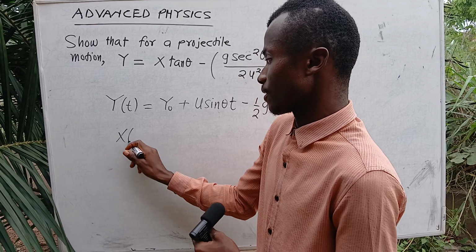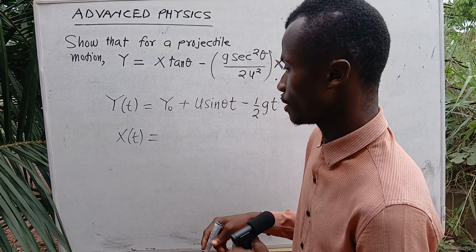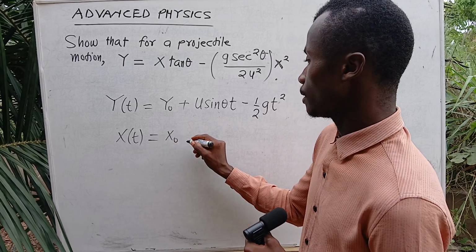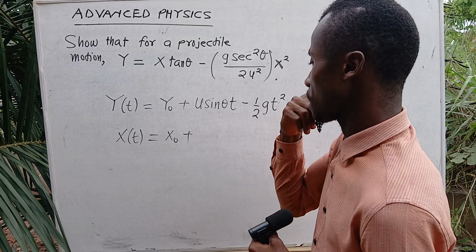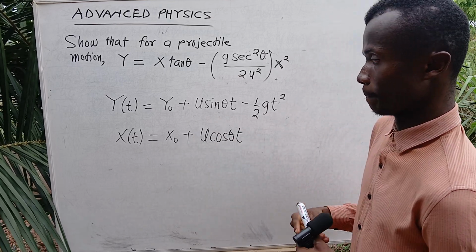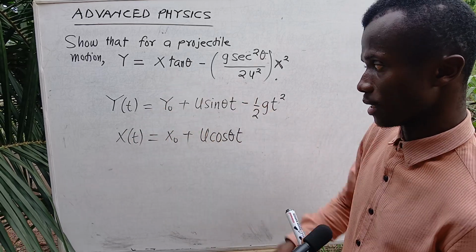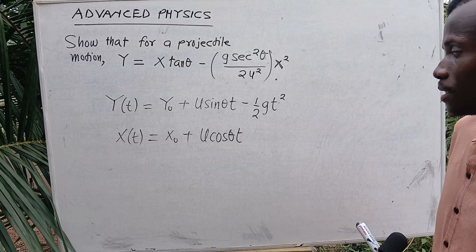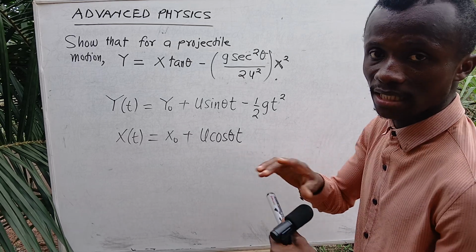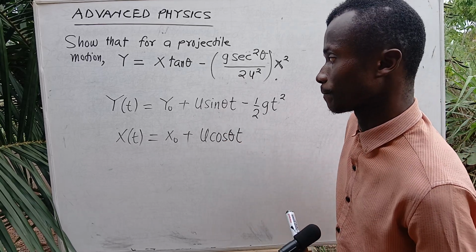And then x as a function of t, every horizontal distance is equal to the initial horizontal distance plus u cos theta times time. If we juggle these equations, we are going to show this. So what we do is we are going to make the time dependence vanish. Let's make t the subject here and slot it into this equation.